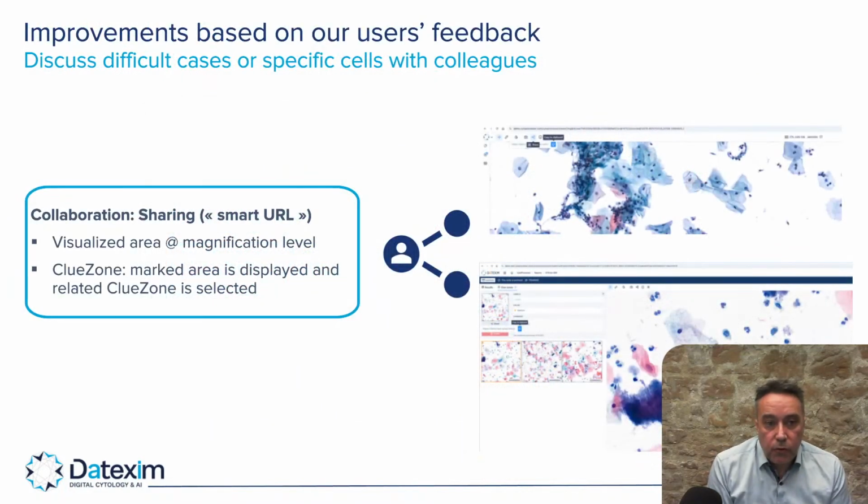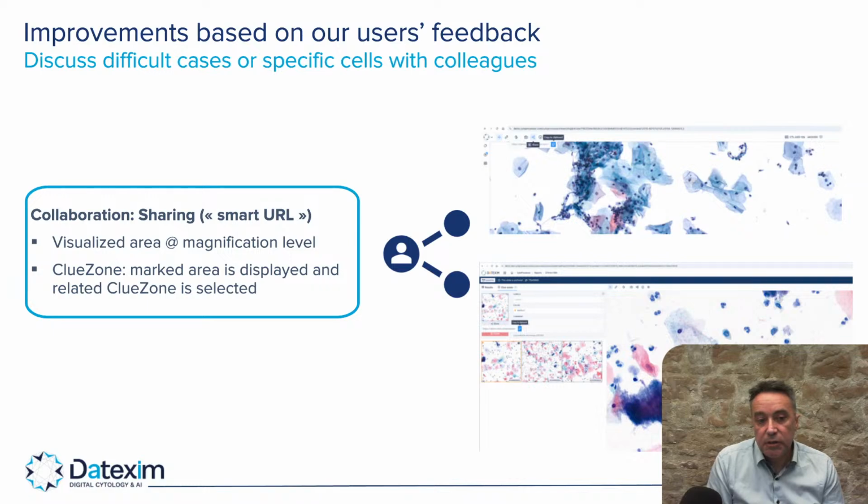Another important tool that we added is something for you to be able to easily discuss difficult cases or specific cells with colleagues when you have a doubt or when you have an interesting case. So you have 2 ways to collaborate and share something with someone else. You can share what you visualize in the viewer. So you can see here a small button to share.